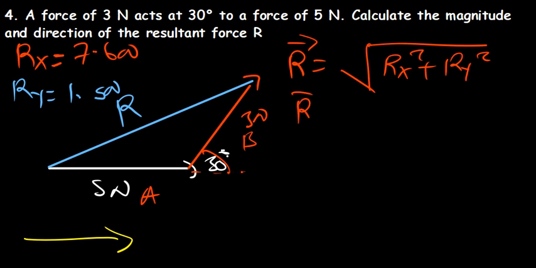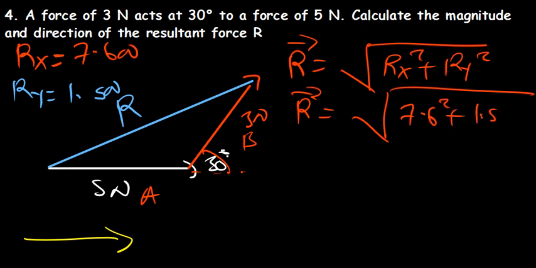So the resultant vector will be the Rx, 7.6 squared, plus Ry, 1.5 squared. If I plug in the values, I'm getting the square root of 60.01.